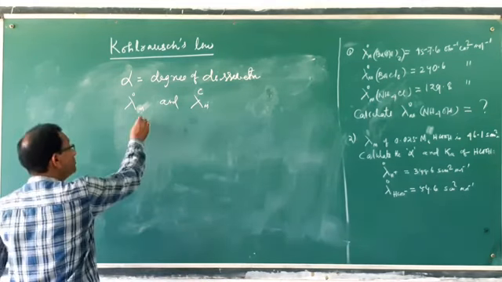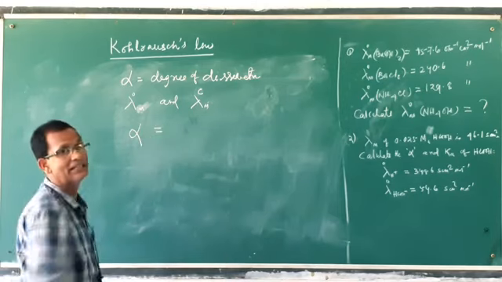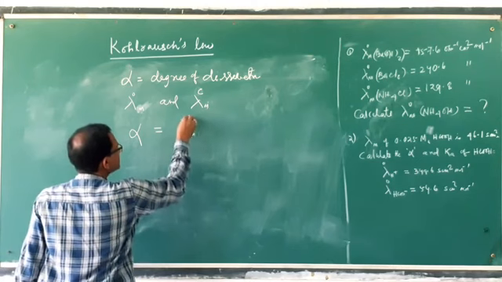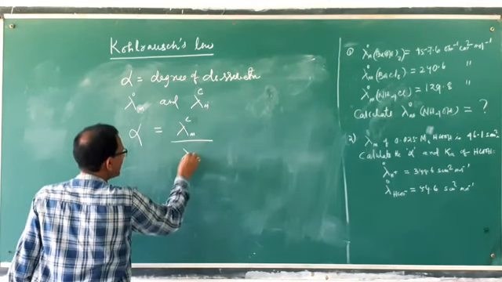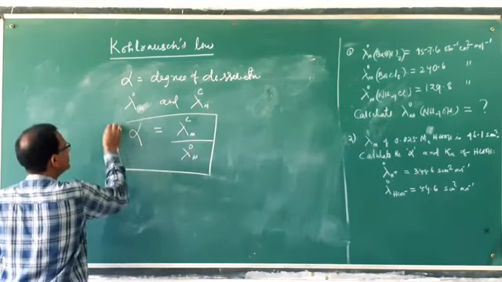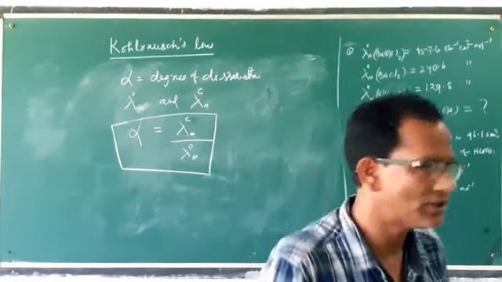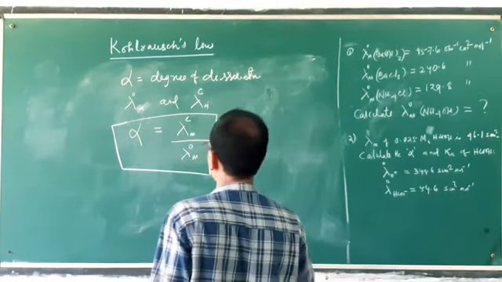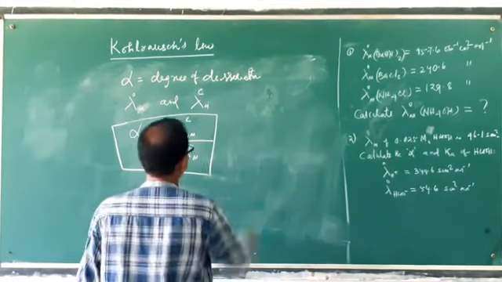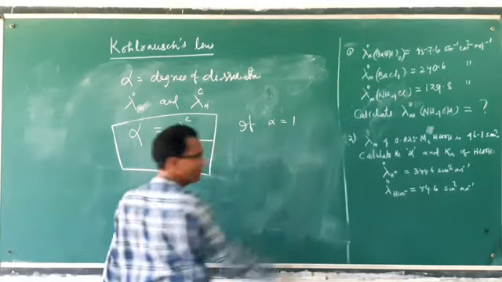So remember the important formula for calculating alpha: the degree of dissociation is lambda mc upon lambda m0. If you take this ratio, that is called degree of dissociation. If alpha is equal to 1, what is the meaning?